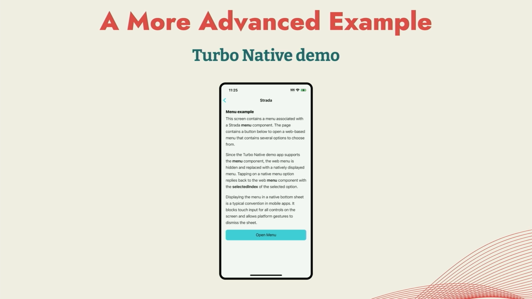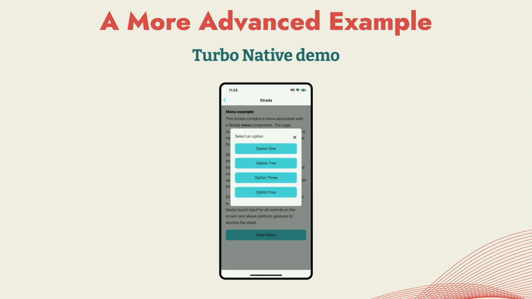So on this screen, you can see this open menu button. This will open up a menu that looks like this if you don't have Strada at all. One thing you can notice here, it's got a nice overlay window backdrop.